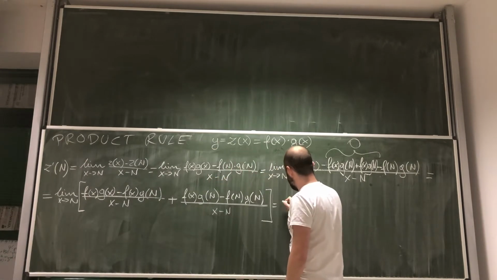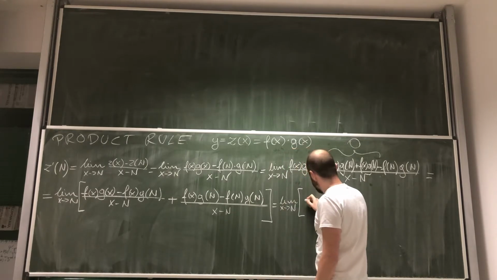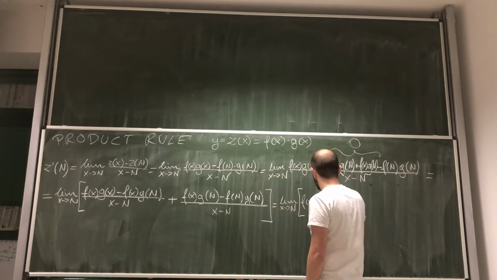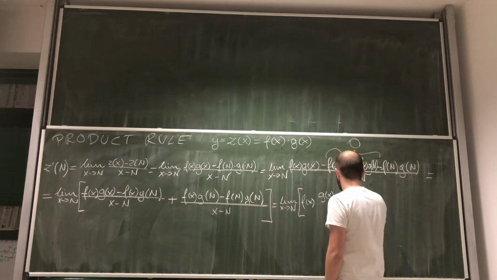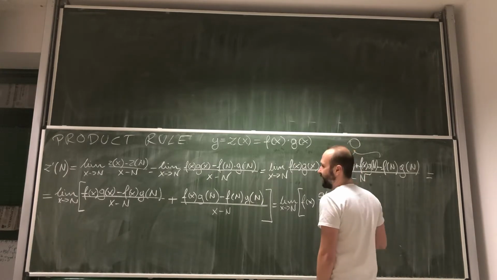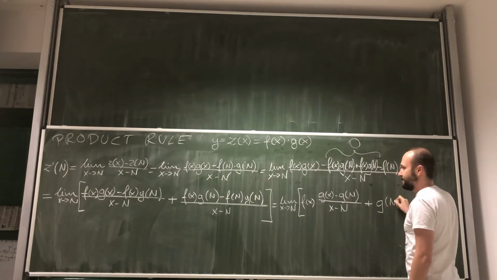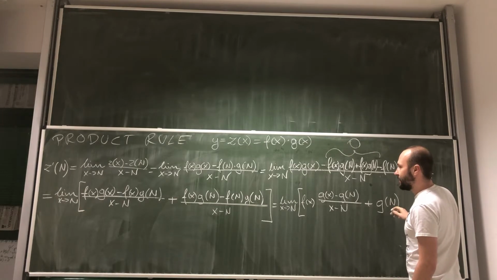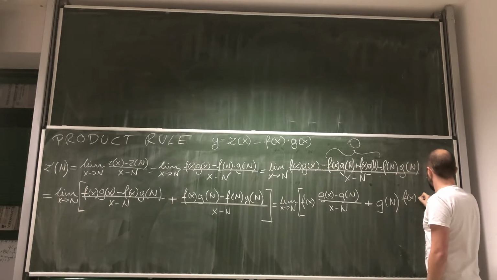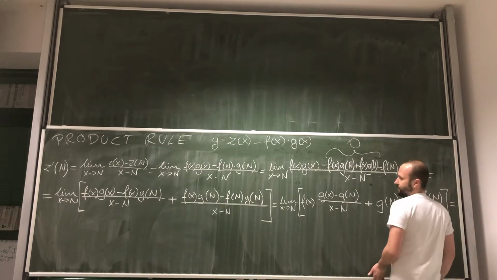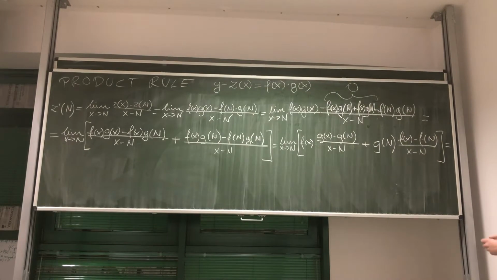So I'm getting that this is the limit with x approaching n of f of x times g of x minus g of n divided by x minus n, plus g of n times f of x minus f of n divided by x minus n. Okay, I hope it already starts to look like something.